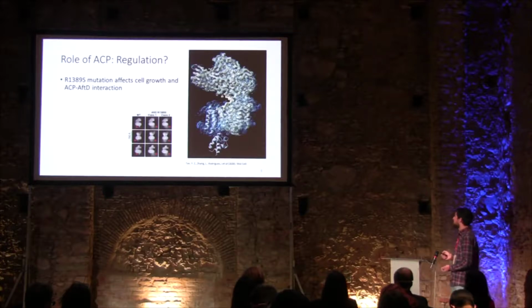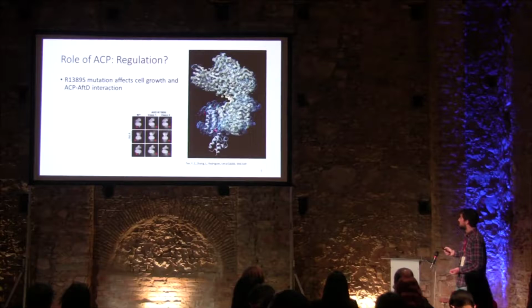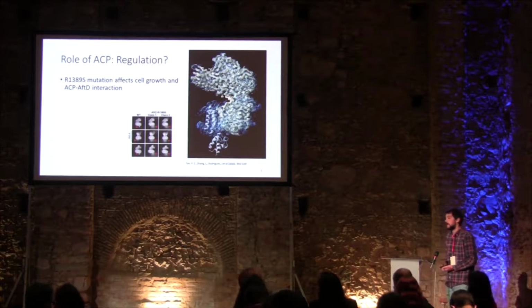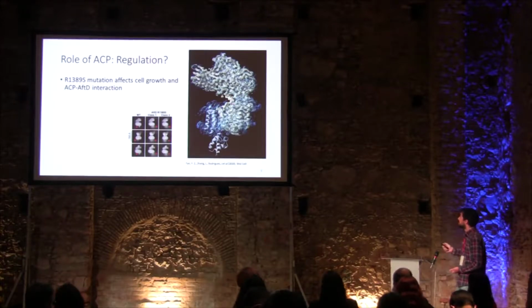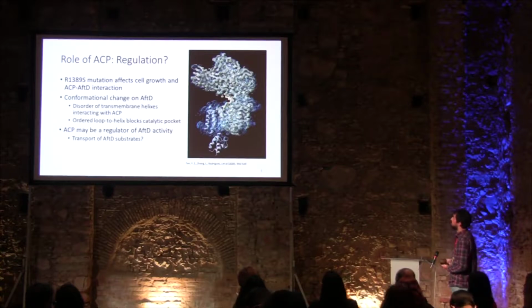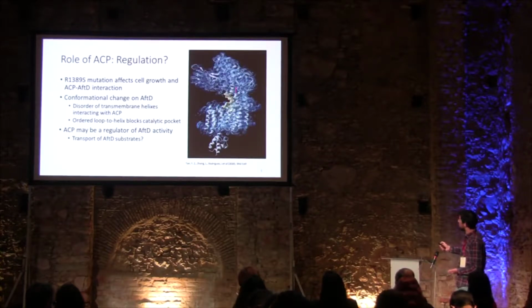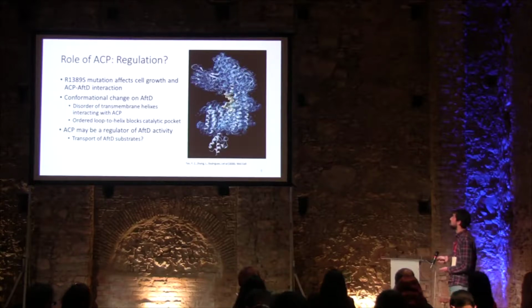Not only that, a few transmembrane helices get disordered with this mutant, and to our surprise, one loop that we couldn't model in the wild type structure becomes an ordered helix and blocks the catalytic pocket. So this is the main difference between wild type and mutant.